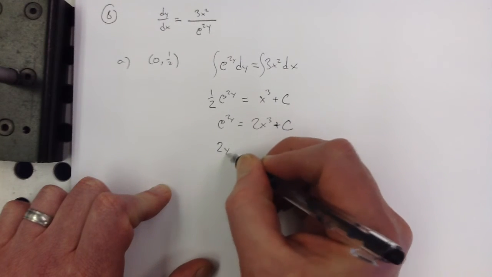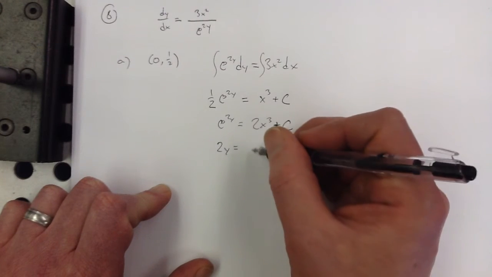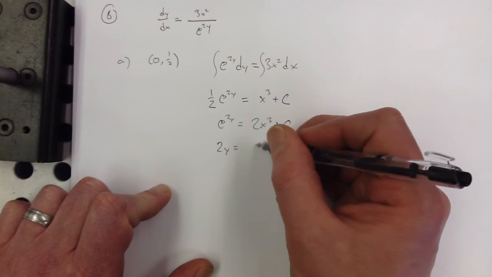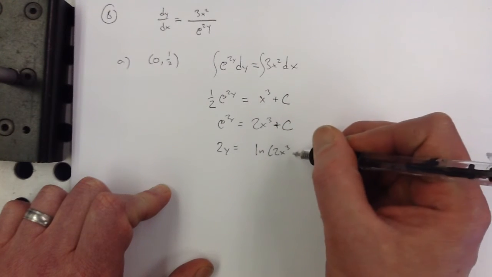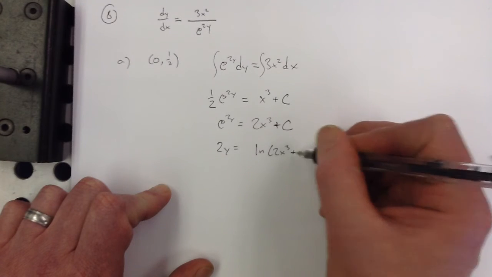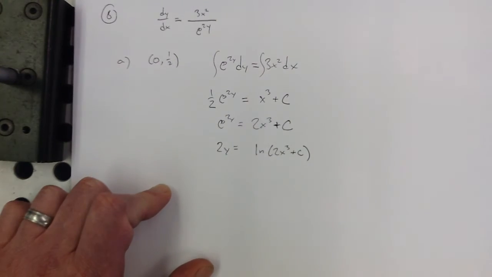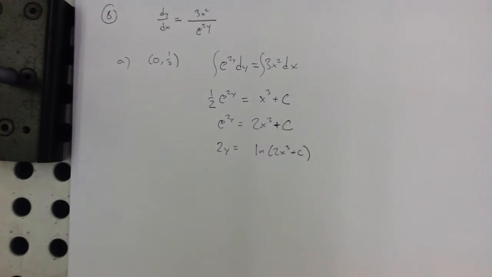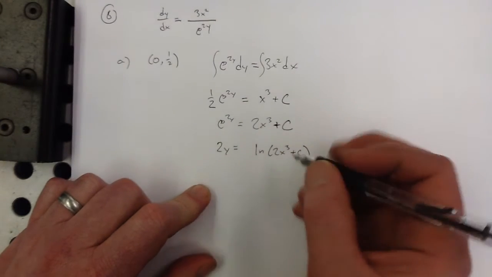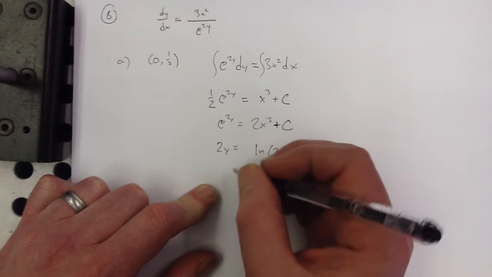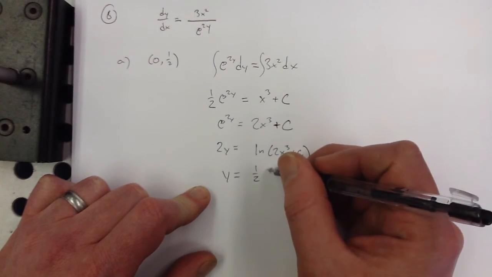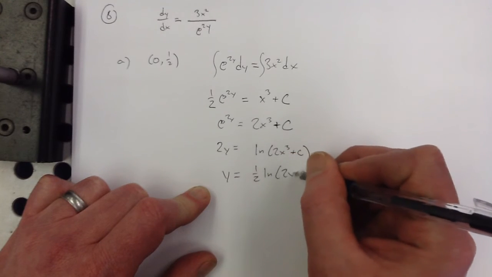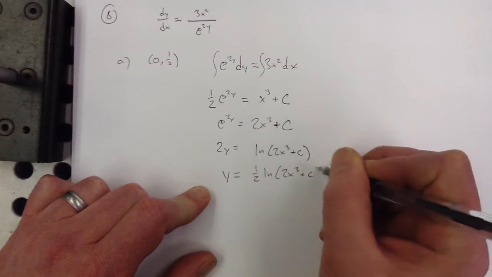That gives me 2y is equal to the natural log of 2x cubed plus c, right? Which means that y is equal to 1/2 times the natural log of 2x cubed plus c.